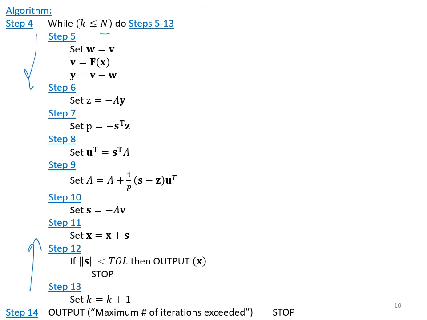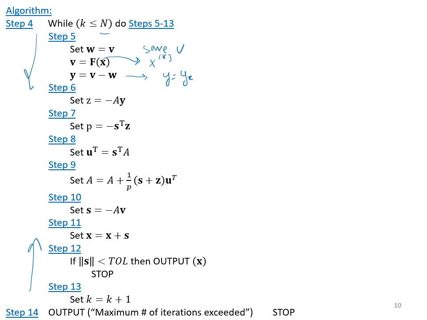Step 5, we define vector W in order to save vector V. Then we define vector V as our vector valued function f, where x we take also from the kth iteration. Then we define vector y, which is going to be also vector y at the kth iteration.